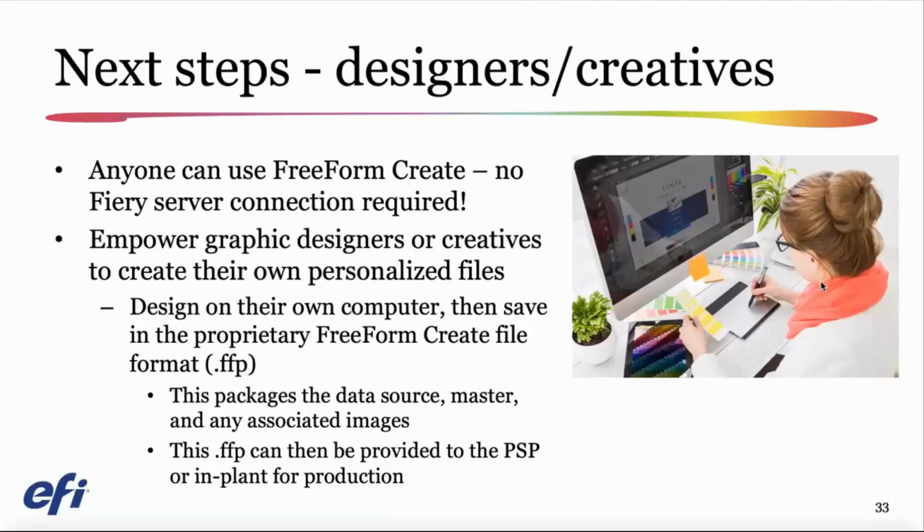Those FFP files can be opened on any FreeForm Create client, and all the variable elements in the mapping will be saved. So a graphic designer can be empowered to create a personalized file, save it as an FFP, and then send it to their print service provider, who can then in turn open it in their FreeForm Create client and then send it to their Fiery-driven printer for production.